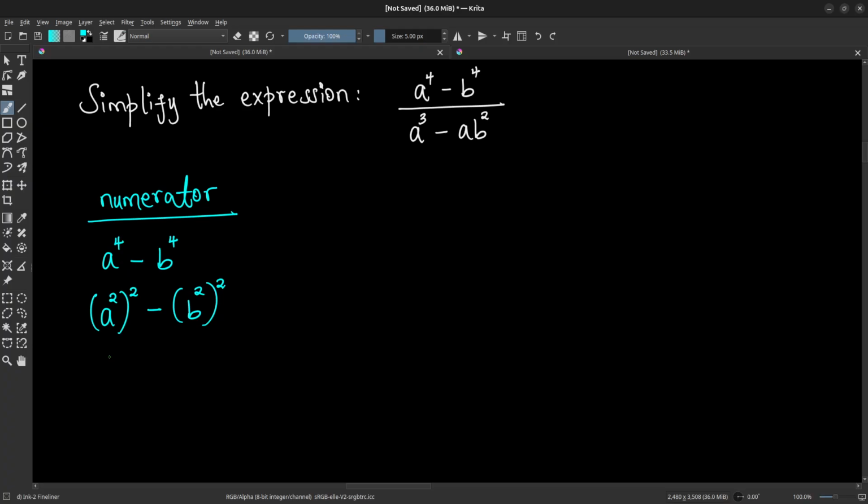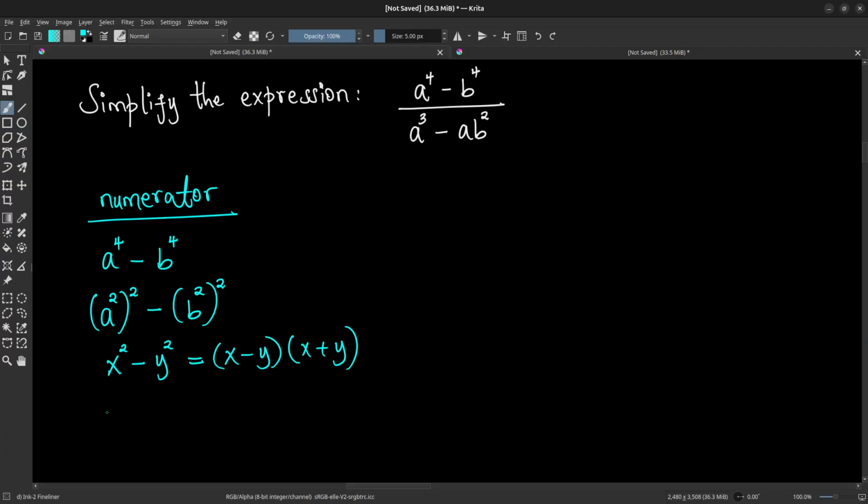And remember, for a difference of two squares, when I give you x squared minus y squared, this is the same as x minus y times x plus y. So in our case, a squared would correspond to x and b squared would correspond to y.